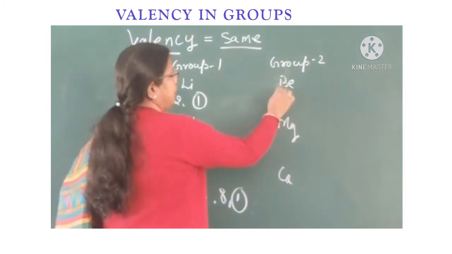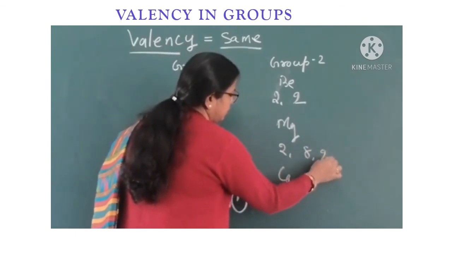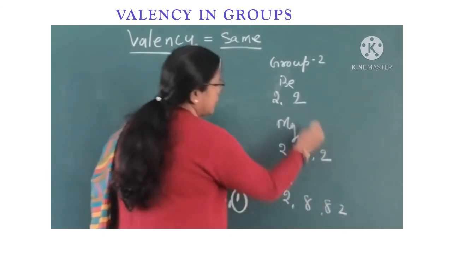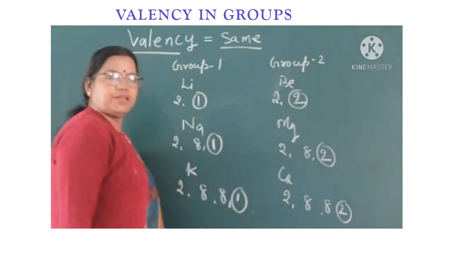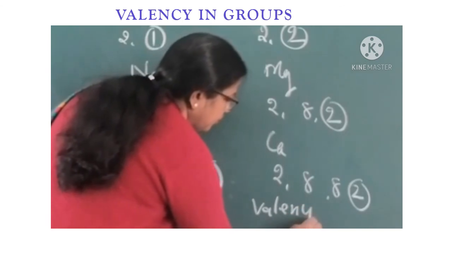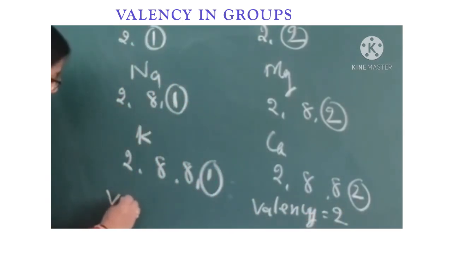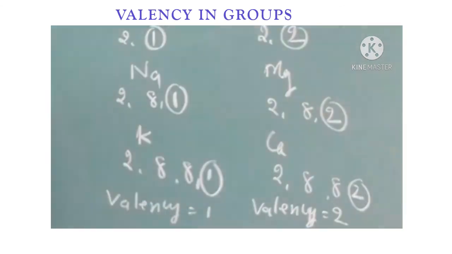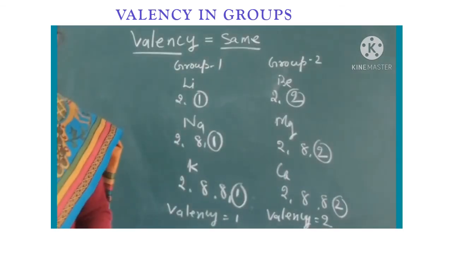Likewise, in group 2, beryllium 2,2, magnesium 2,8,2, calcium 2,8,8,2. So all the elements of group 2 again have the same valency. So the valency for group 2 is 2 and the valency for all the elements of group 1 is 1. So for a particular group, elements have the same valency.